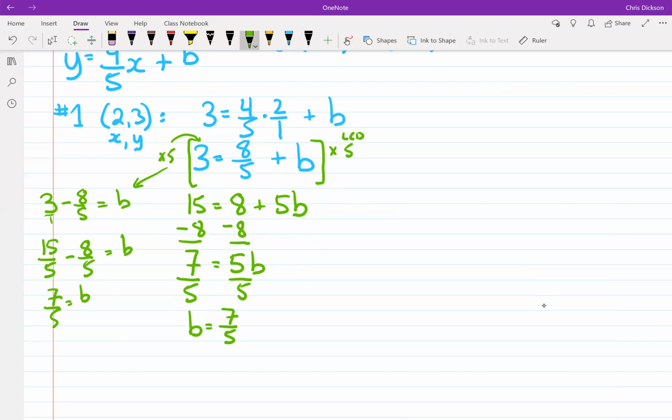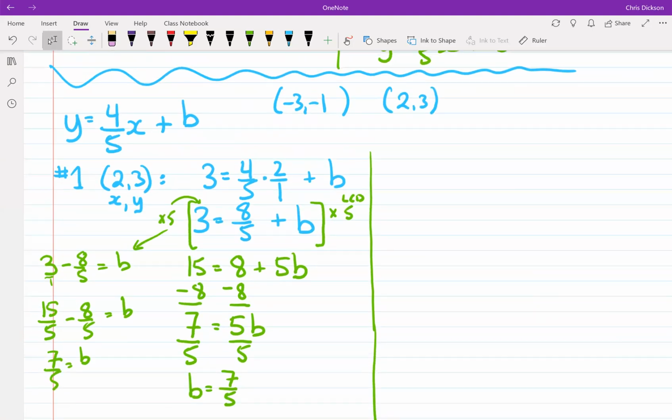And then the other way to do it would be using the negative point. And once again, if you have time, it's always good to check because you want to make sure you get the right number, although I've kind of gotten it right twice here. But I could go number 2, and I'm going to use the point -3, comma -1. So don't forget the first number is x, the second number is y.